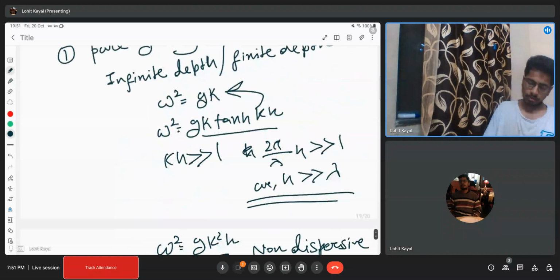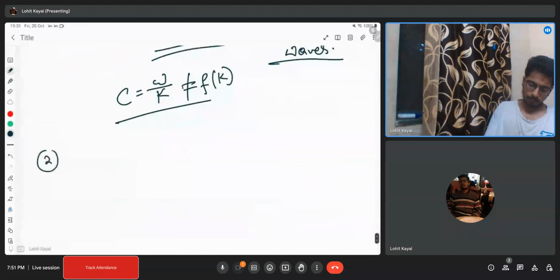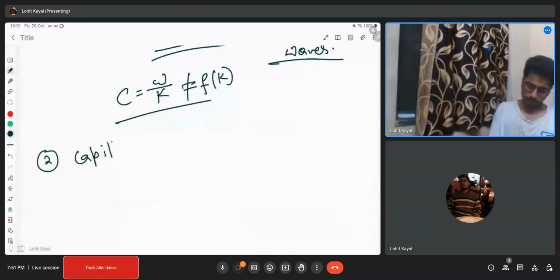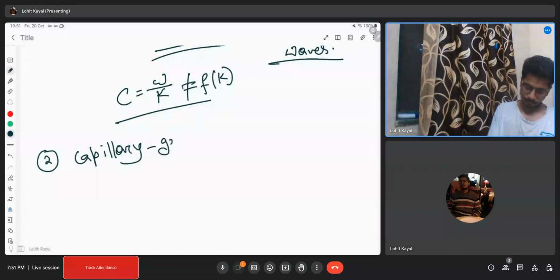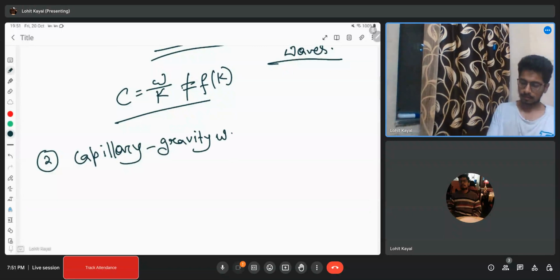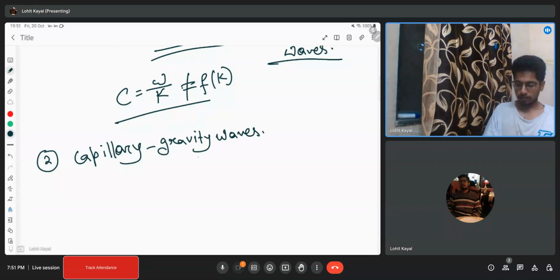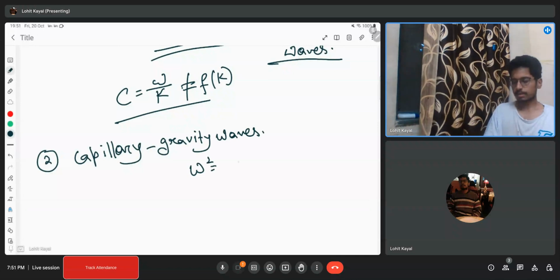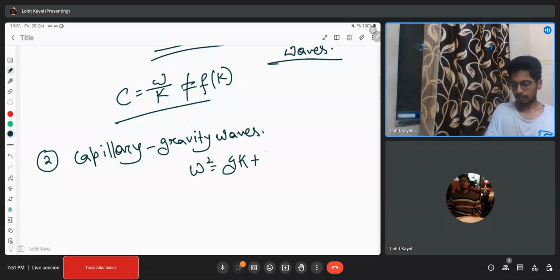Now we have solved capillary gravity waves as well. For the capillary gravity waves, what is the dispersion relation for deep water?